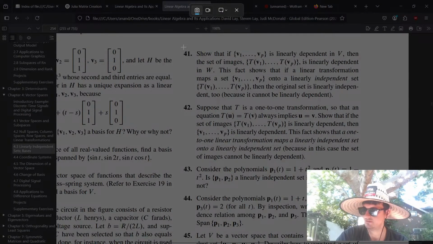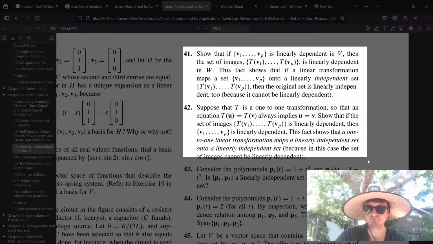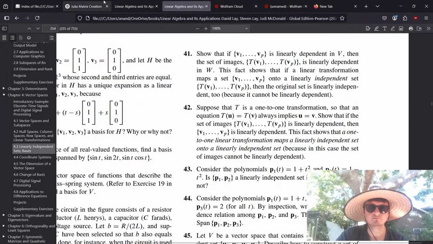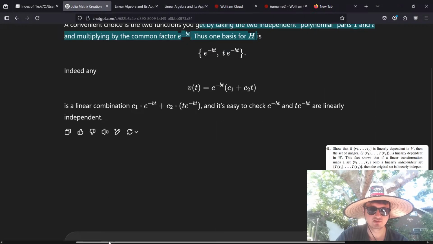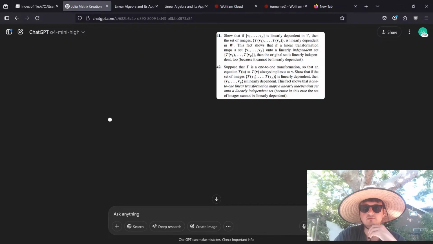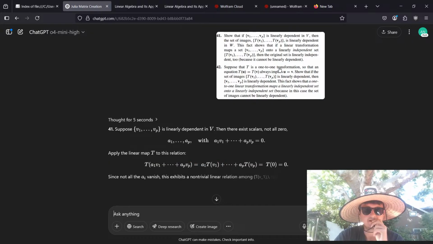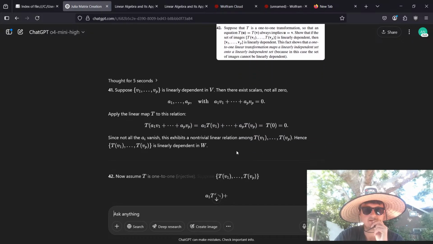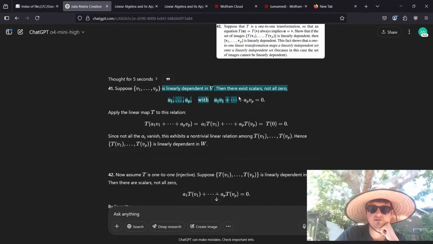Let's see what it says, just because these are the theory questions that you really don't want to have any misunderstandings of. Okay, so suppose it is linearly dependent, then there exist scalars, not all 0.